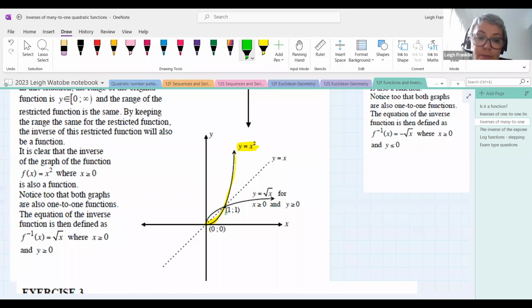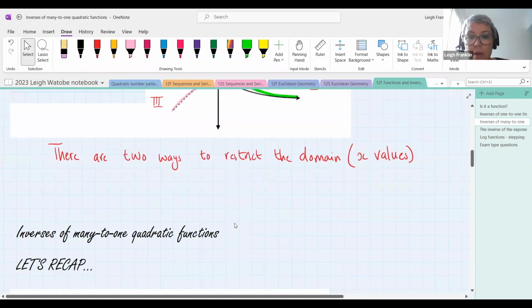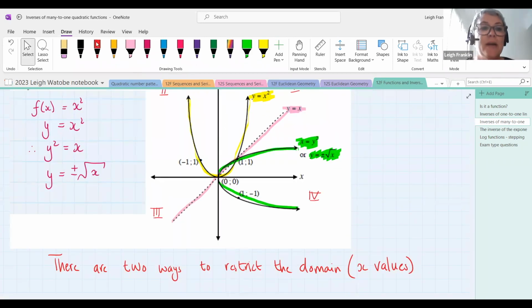When I reflect the yellow graph over the line y equals x, I get this arm over here. I'm going to highlight it again. The arm I've just highlighted in green is this bit over here. So essentially, I've only got two parts of what I was looking at originally.